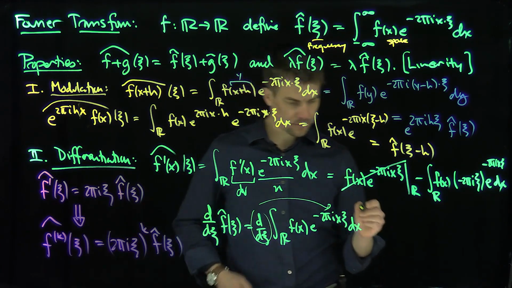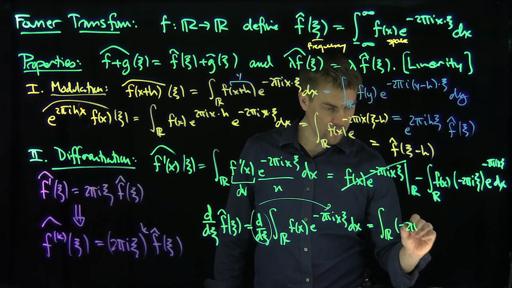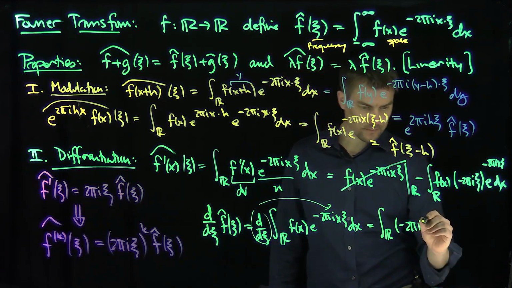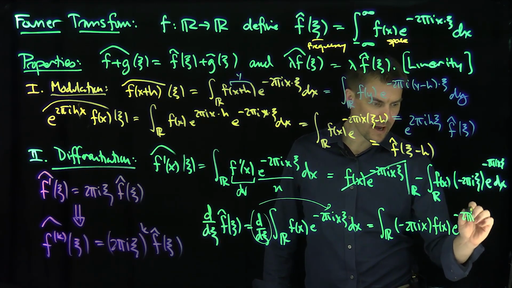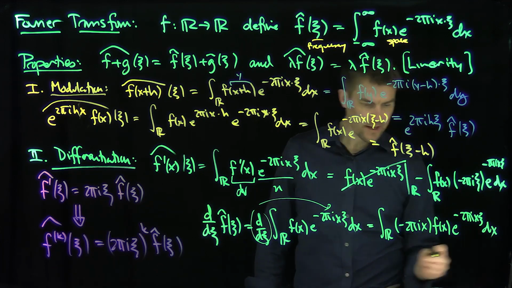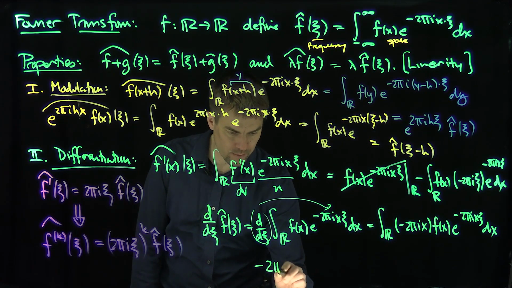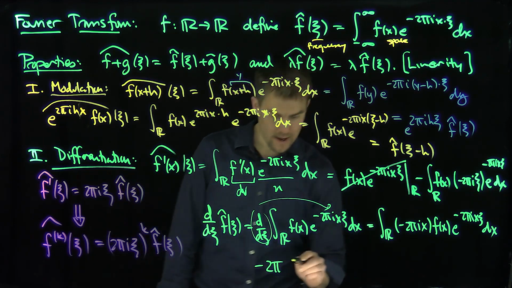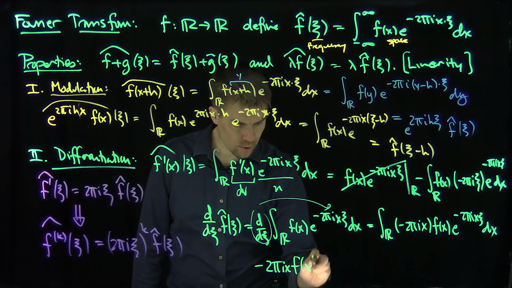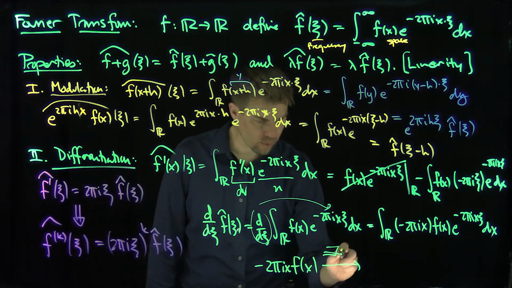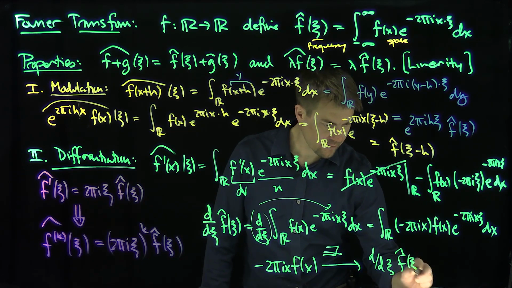So in other words, this is equal to the integral over R of negative 2 pi i x f of x e to the minus 2 pi i x xi dx. And so that says if I Fourier transform negative 2 pi i x f of x, it will transform to d by d xi of f hat of xi like that.